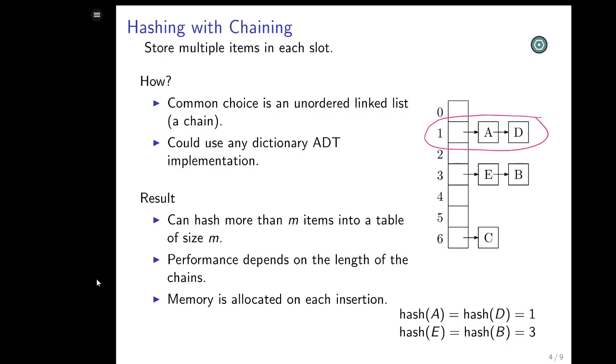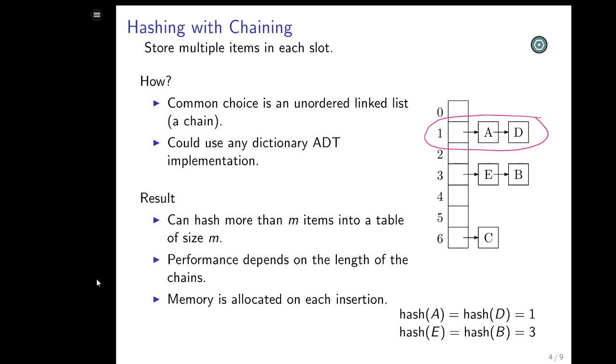Actually, this is fantastic design because you don't have to really worry about how big to make the hash table initially. You can make it as small as you'd like. People might put lots and lots of keys into the table, but it's okay. I can put more keys into this table than the size of the table. I just make my linked lists longer. It's fantastic.